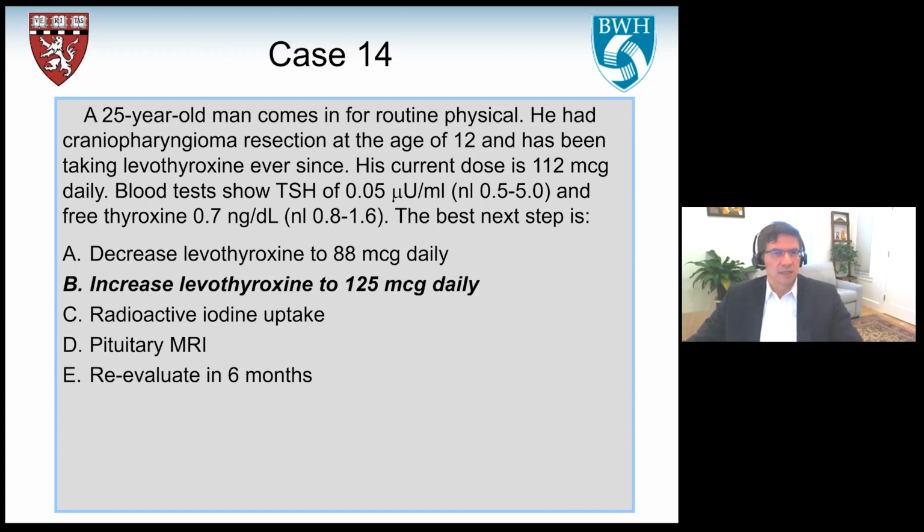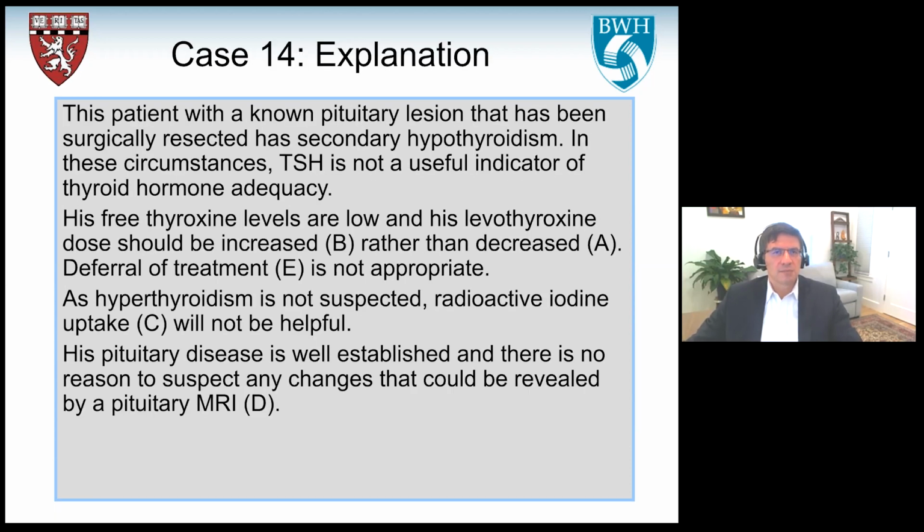And the right answer is B, increase levothyroxine to 125 micrograms daily. This patient with a known pituitary lesion that has been surgically resected has secondary hypothyroidism. In these circumstances, TSH is not a useful indicator for thyroid hormone adequacy. His free thyroxine level is low, and his levothyroxine dose should be increased rather than decreased.